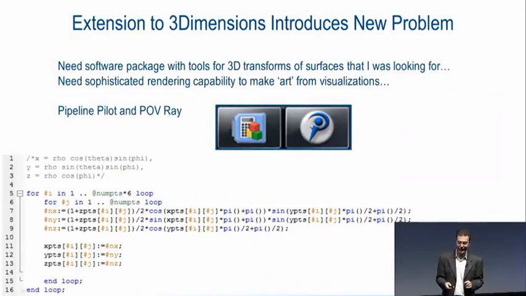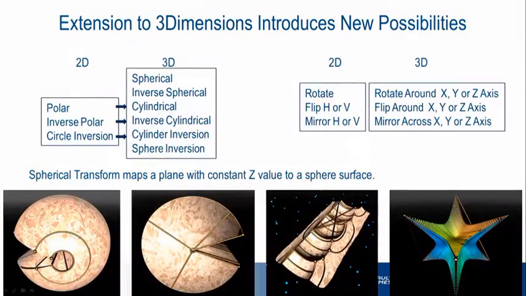There is, of course, the possibility that instead of doing polar coordinate transformation, you could do some 3D coordinate transformations. And so again, using Pipeline Pilot and in this case the persistence of vision ray tracing freeware application, you can extend from doing planar transformations of a square to 3-space transformations of a cube. So there are some very direct analogies as far as what transformations are available and some new possibilities that crop up.